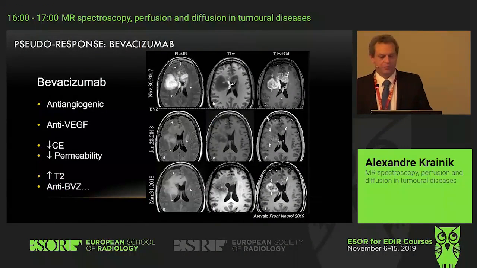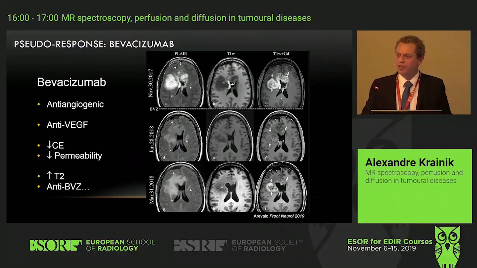Besides this pseudoprogression, you have also pseudoresponse. This pseudoresponse was described for more than 10 years now, once we introduced the bevacizumab, an anti-angiogenic. It's an antibody against the vascular growth factor. It's a little component that enhances the production of vessels.